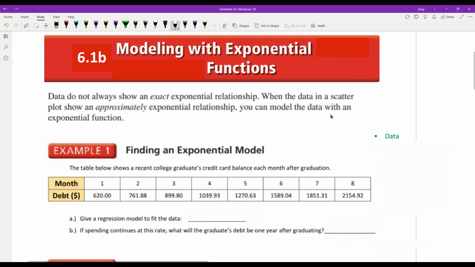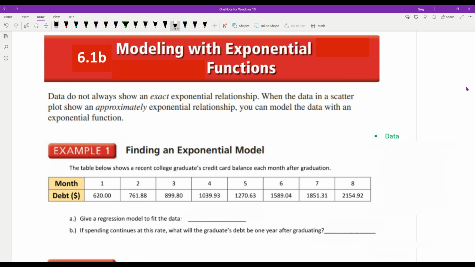You're going to see L1, you're going to see columns, and you're going to put this in the first column: 1, 2, 3, 4, 5, 6, 7, 8, and then type 620, type each of these numbers into the second column of 8.